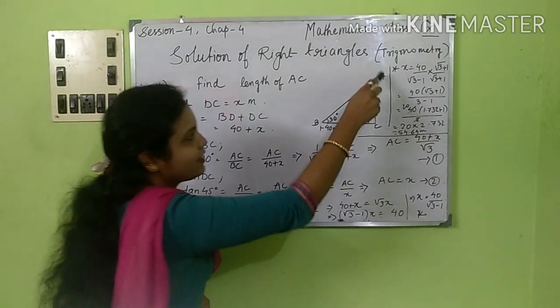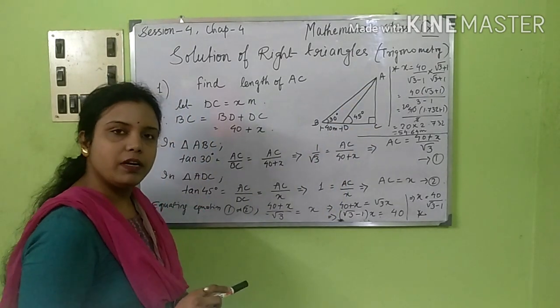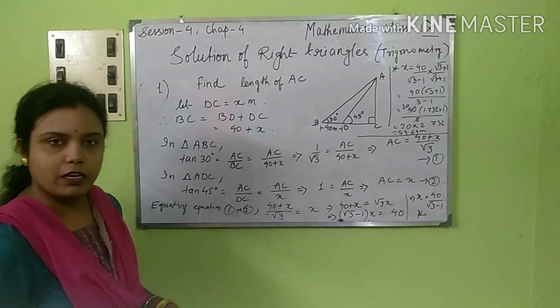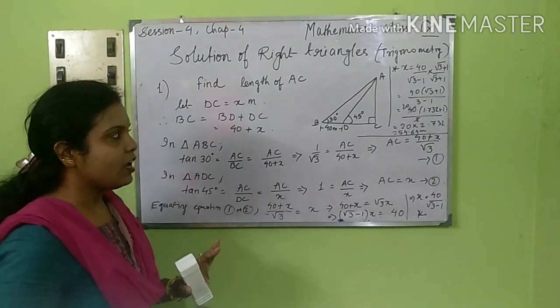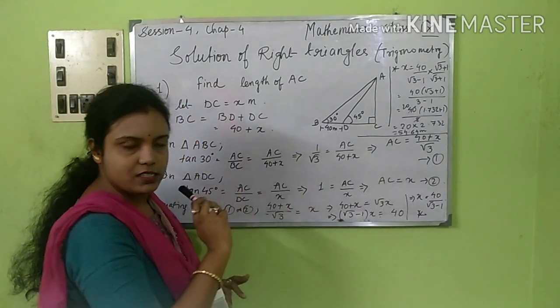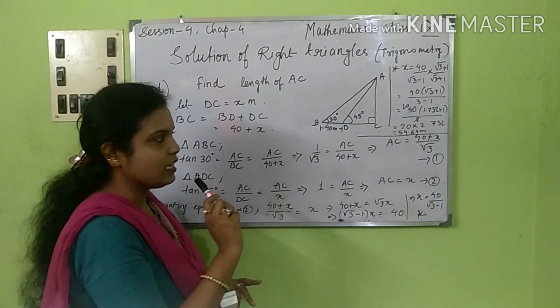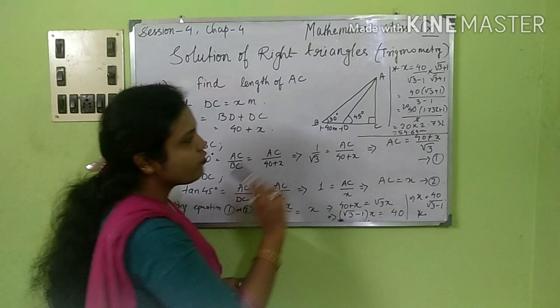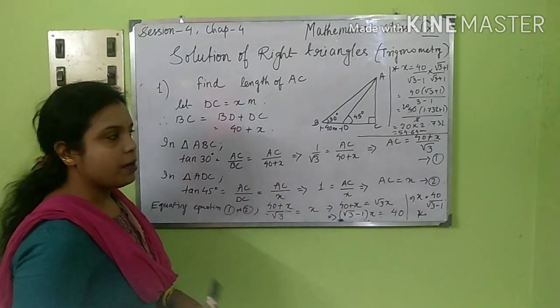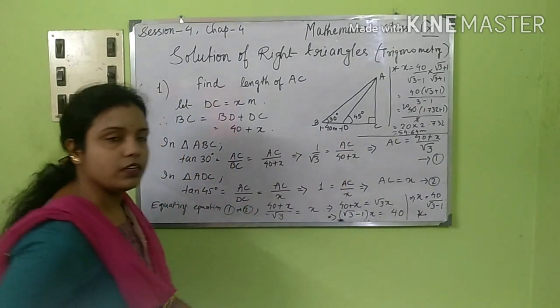We need to find the length of this perpendicular. AC is a perpendicular, so we need to find out its length. That is not given. Given are the two acute angles for the triangle ABC and triangle ADC, and BD is given as 40 meters. But here DC is also not given.